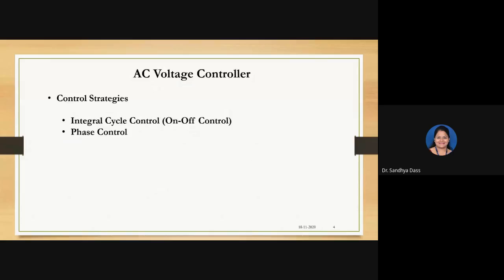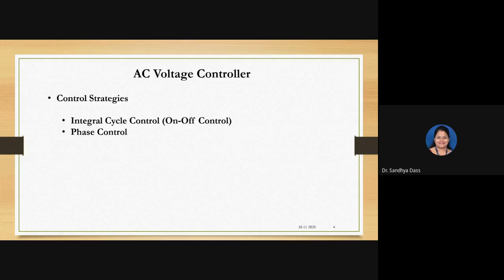This power flow can be controlled with 2 types of control strategy. First is integral cycle control, which is also popularly called on-off control. The second is phase control. Today's class we will be discussing only integral cycle control.